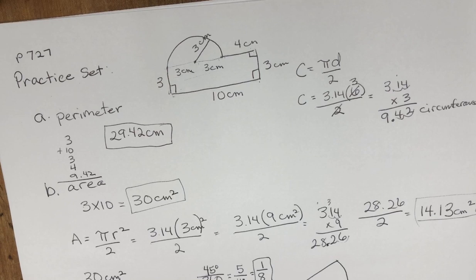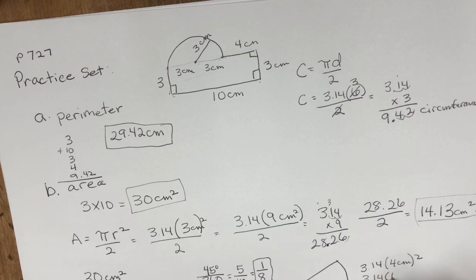But now it's only 1/8 of the circle, so we're going to divide it by 8. So 3.14 times 4 centimeters squared is going to be 3.14 times 16 centimeters squared. So here's my 3.14 times 16.